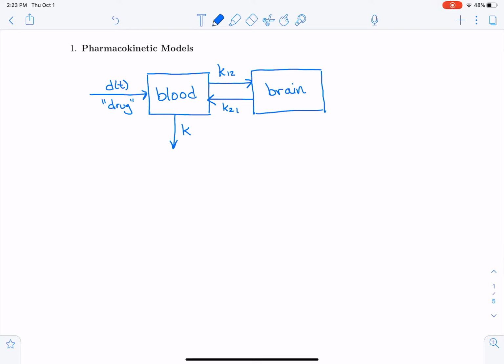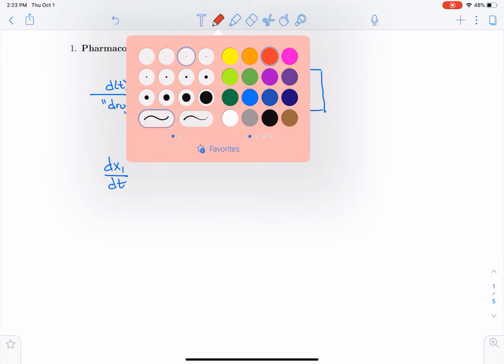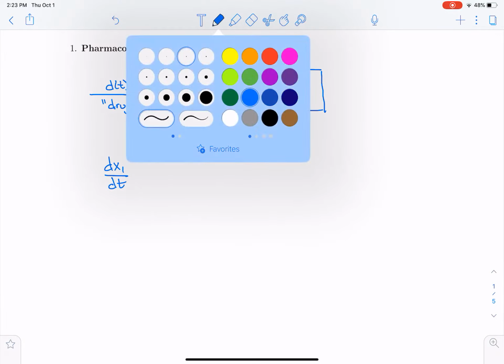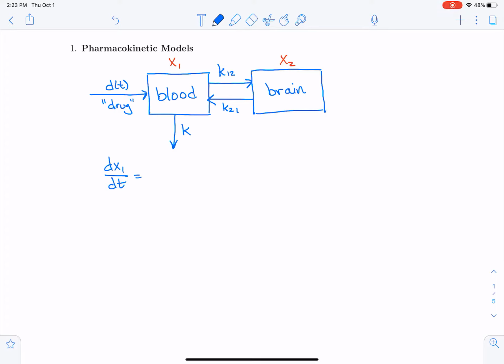So using those assumptions, we will say the amount of drug that's in the bloodstream will be given by the X1 equation. So here, let's go ahead and call this compartment X1 and this compartment X2. And so the rate of change of the amount of the drug in compartment X1 is dx1 dt.